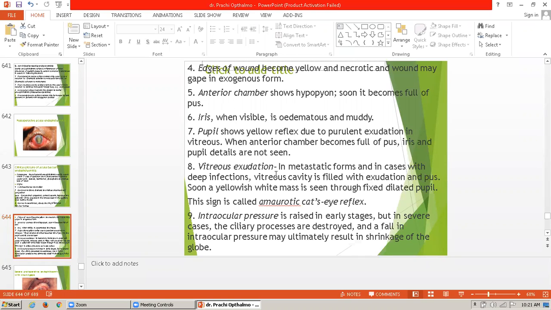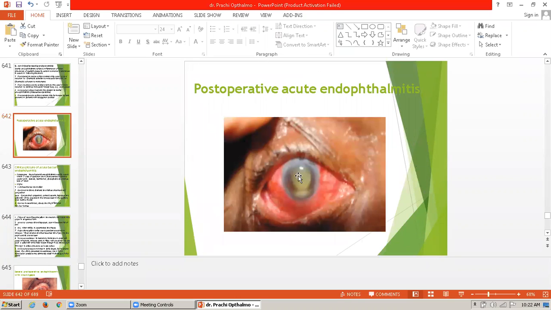So through the fixed dilated pupil, the yellowish white mass is seen. In this diagram, you can see the vitreous exudation showing the yellowish mass.